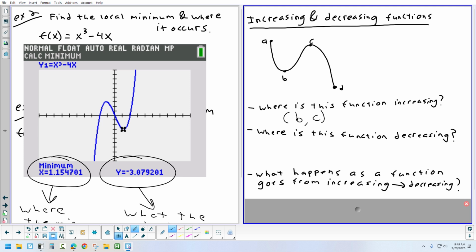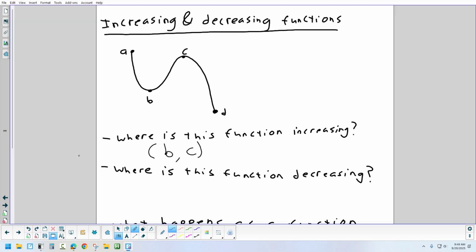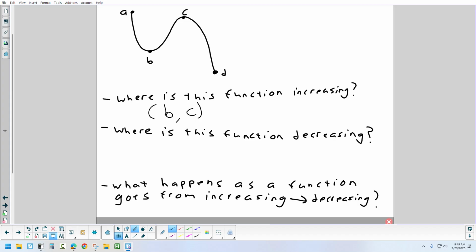Where is that function decreasing? Would it be A, B, or C and D? Yeah, it's decreasing on two intervals. A we could technically include here because at A, it's not flat. A is almost vertical. So between A and B, it's decreasing, or between C, which is flat, and D.